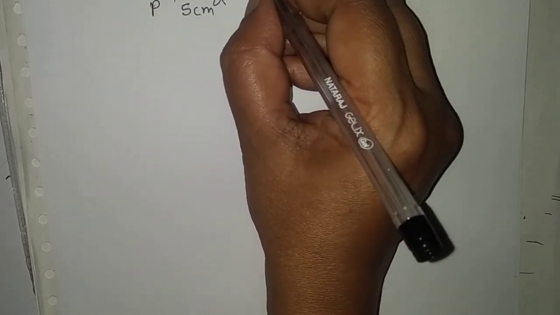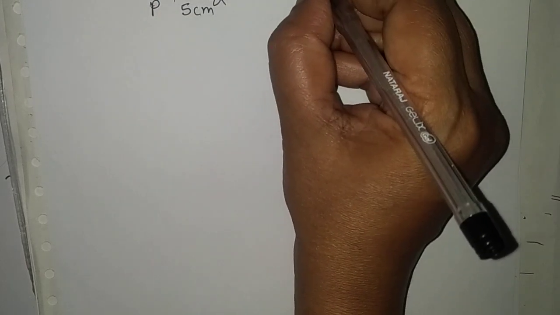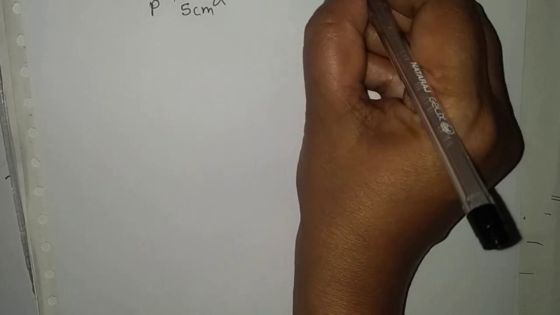So in the right angle triangle, once again I'll write, since this is the right angle triangle PQR, right angled at Q, and these are the two angles. This is the data given, 5 centimeters, and this is the data assumed. So in the right angle triangle PQR, apply Pythagoras theorem.